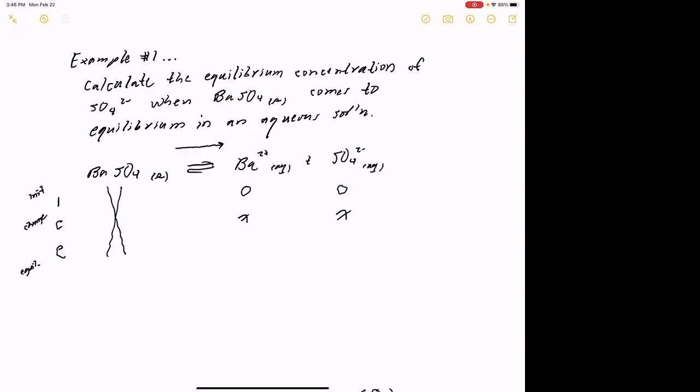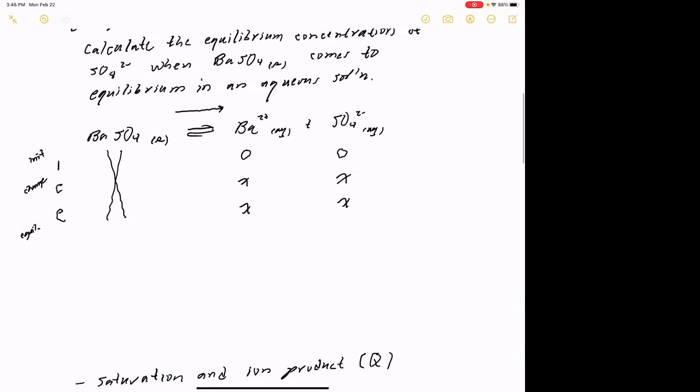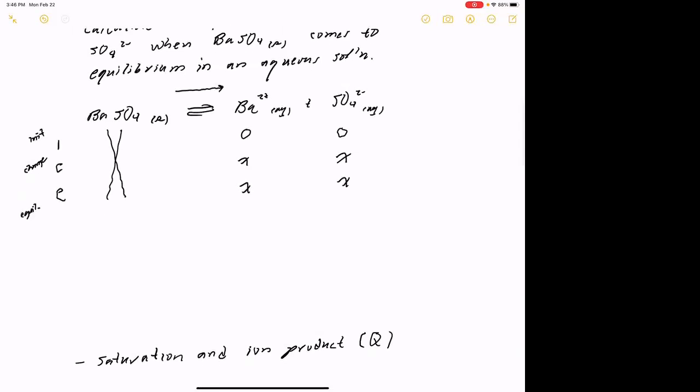Now, the E line's really easy. All you have to do is add the I and the C downward. So 0 plus X gives you X. For the sulfate, 0 plus X gives you X. So X turns out to be my equilibrium concentration for both the barium ion and the sulfate ion. You might say we didn't really accomplish anything, but in fact we did.